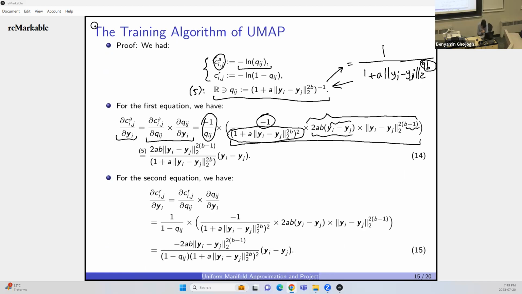Let me think. So here 2ab is this 2ab, right? Here I have this exactly here. I have repeated it here. I have yi minus yj here. I have repeated it here. Put it here. I have, let me think.